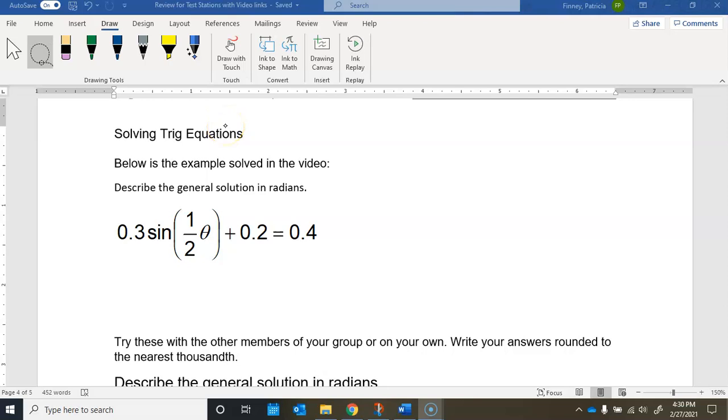All right, so the other thing we did in chapter 5 was solving trig equations. And so we're going to be solving this in radians, and it also says that we are solving this for the general solution. So remember when we write our solutions, when we have cosine, we have two answers. One we get from the calculator, and one we get is the opposite of that.